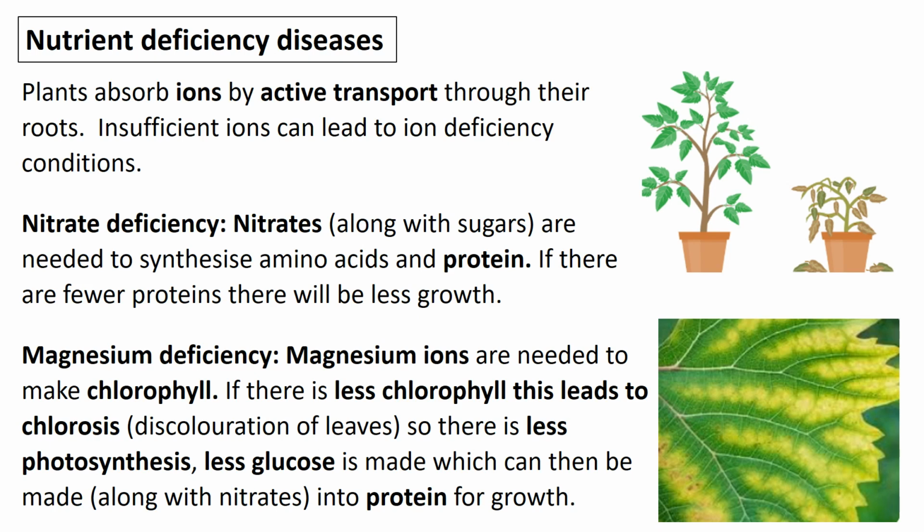So if there's less chlorophyll, you get chlorosis, which is a discoloration of the leaves where they start to lose the green pigmentation. If there's less chlorophyll, there is less photosynthesis, less glucose made, and glucose is the monomer that's used to make all of those different molecules for growth. So you will have fewer proteins and less growth. Not only will you see chlorosis on the leaves, you will also see less growth of the plant.